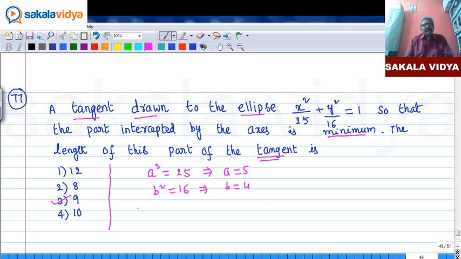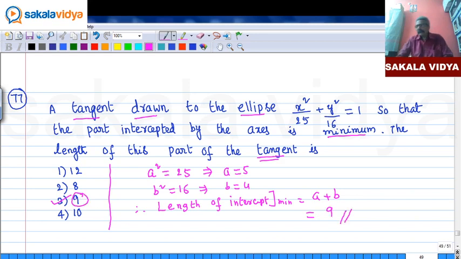So directly we can use the length of the intercept, which is minimum, equal to a plus b. That is equal to 9. So the third option is the right option.